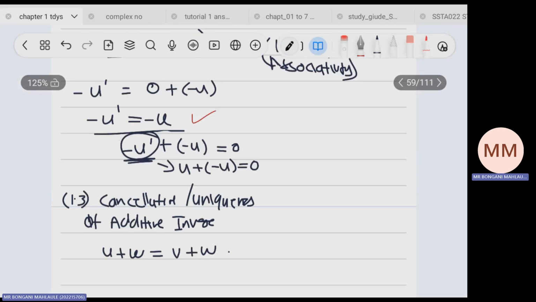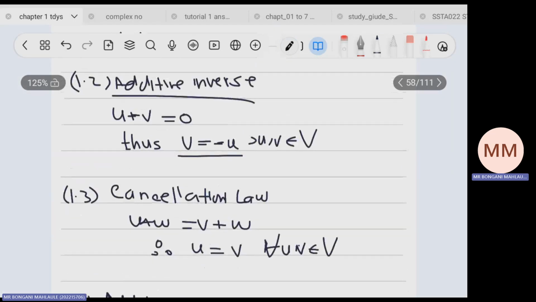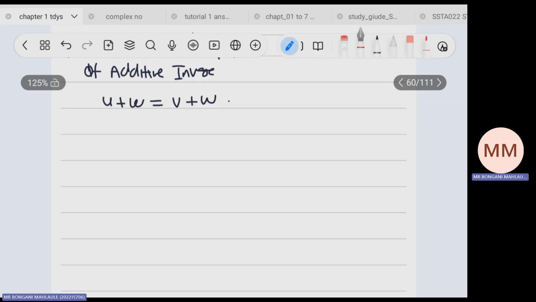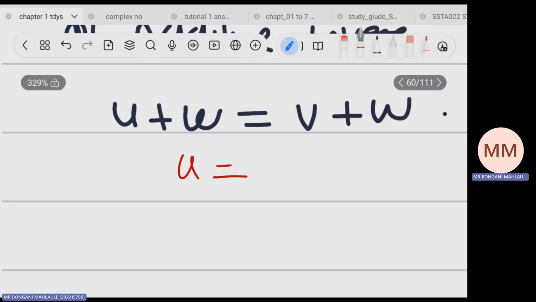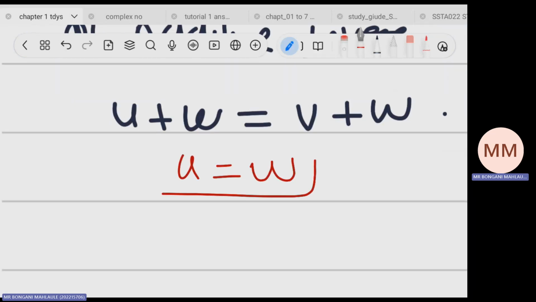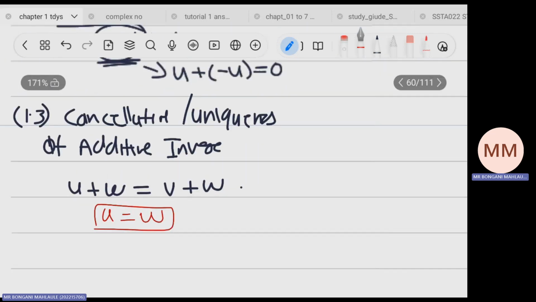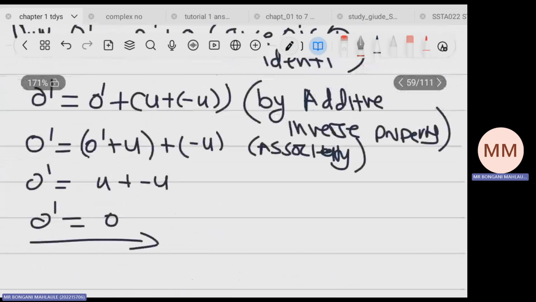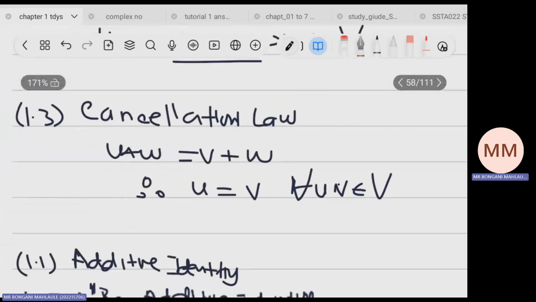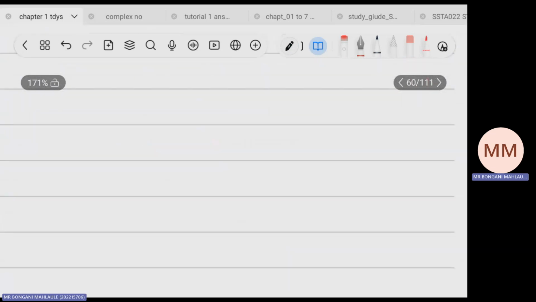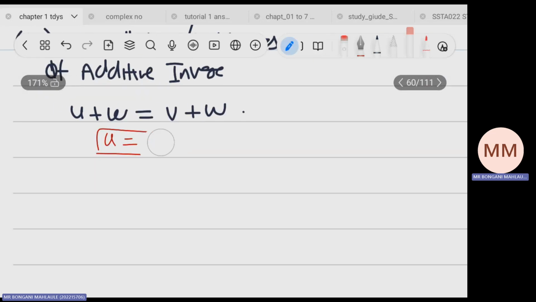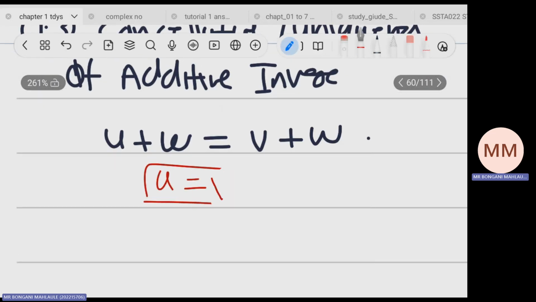So we must get u is equal to w. This is what we must get at the end. Actually, it should be u is equal to v, not w equal to v.